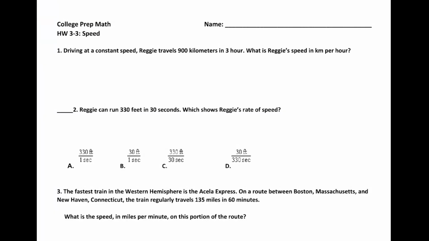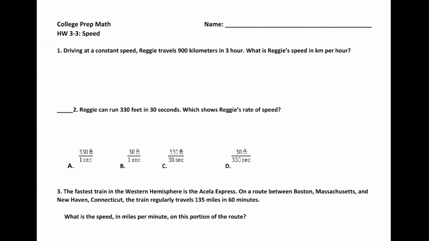So let's jump into the problems and see if we can't figure out how to work these out. Number one says, driving at a constant speed, Reggie travels 900 kilometers in 3 hours. What is Reggie's speed in kilometers per hour? To solve this and other questions like this, we'll have to use a little proportional reasoning.